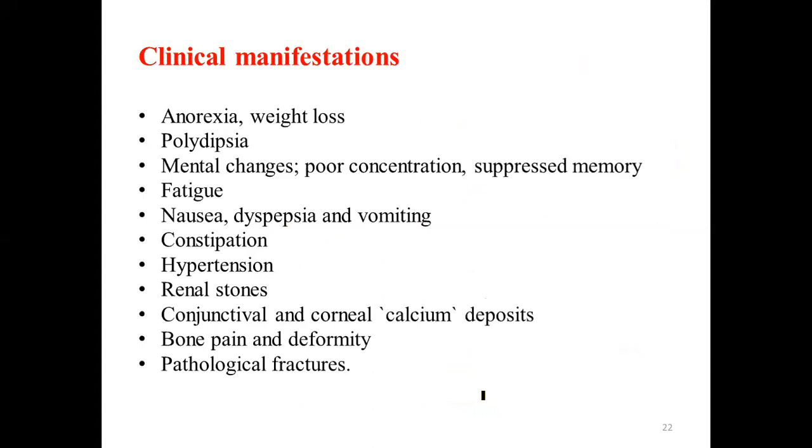Then, what are the most common clinical presentations when someone has hyperparathyroidism? Remember, high PTH level or hyperparathyroidism is associated with a high calcium level. So what will happen when the calcium level is very high in the serum? Anorexia and weight loss are very common. Then polydipsia. It actually has some kind of osmotic effect when the calcium level in the serum is very high, so the patient will end up having polydipsia.